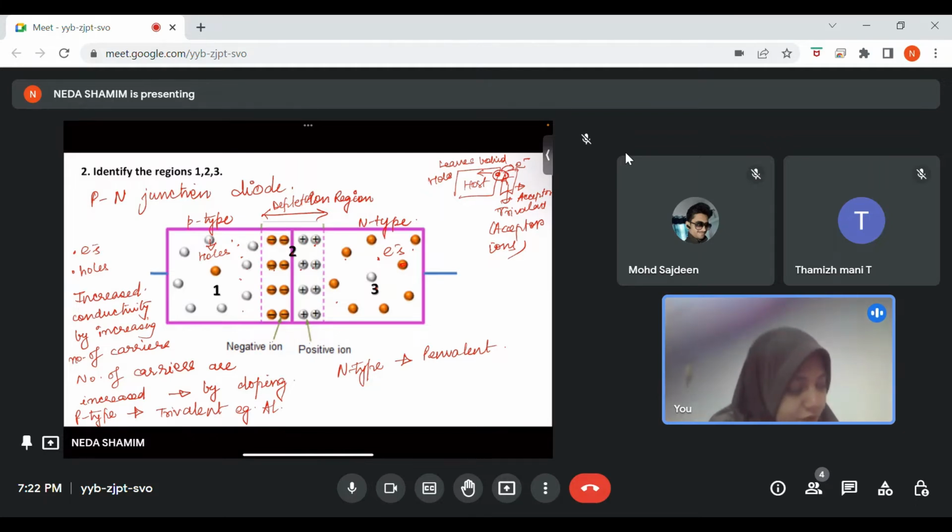Okay, so now tell me, this is my depletion region, this is my p type, this is my n type. Suppose I bias it in such a manner that the p type is connected to the positive terminal of the battery and the n type is connected to the negative terminal of the battery. What is going to happen?